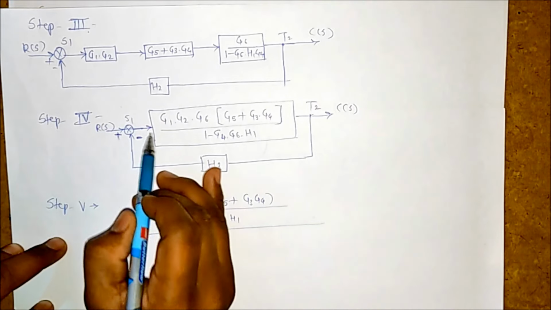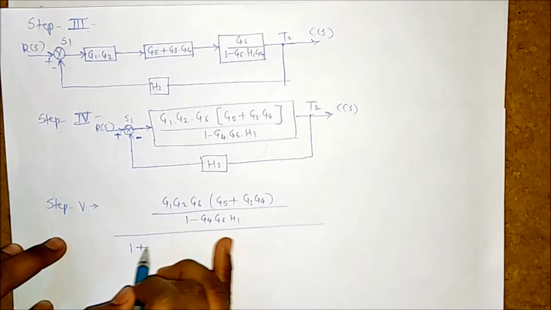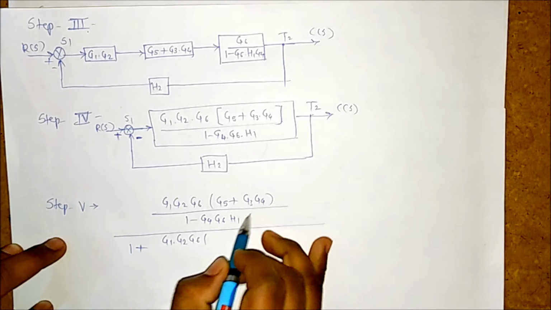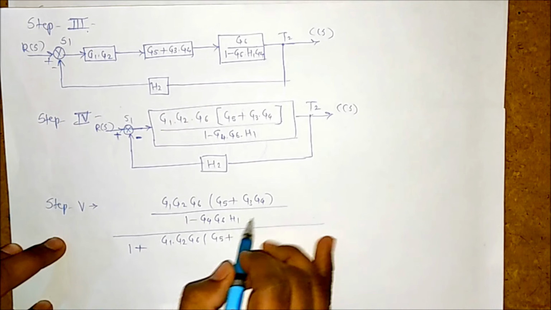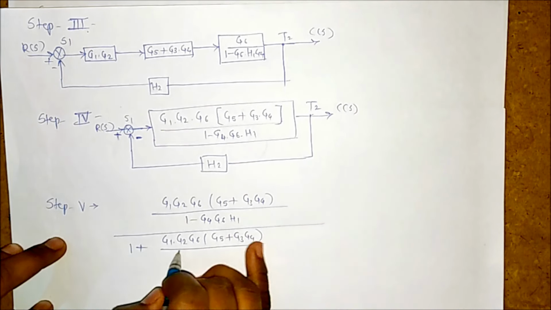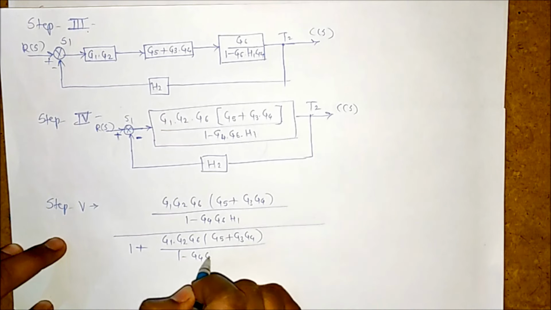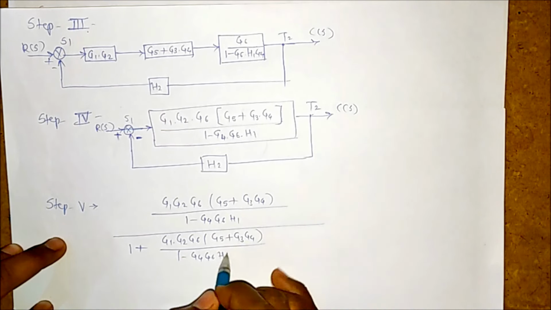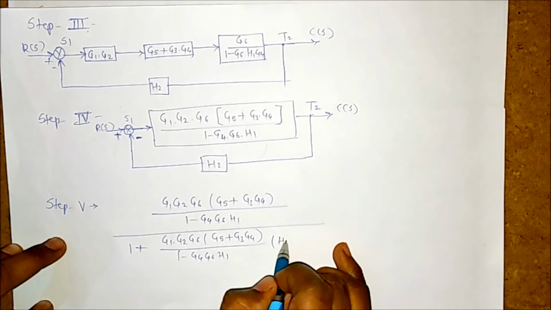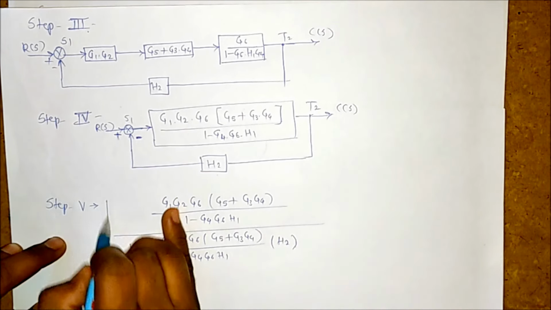The feedback is negative, so here we are adding a positive sign: G1, G2, G6 is the gain of the forward path, 1 minus G4, G6 into H1, into the gain of the feedback path.